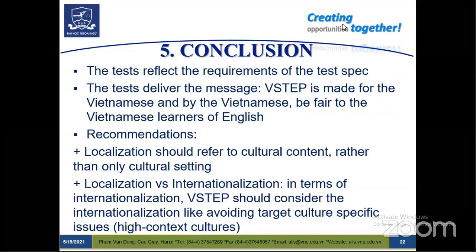However, we also want to avoid topics that need the test taker to have specific understanding of the target culture, so that they cannot show all of their listening ability because they don't have enough knowledge of that topic. At the same time, for Vietnamese culture or localized culture of Asian or ASEAN countries, we also want to avoid sensitive topics which I mentioned earlier, like religious preference or politics.